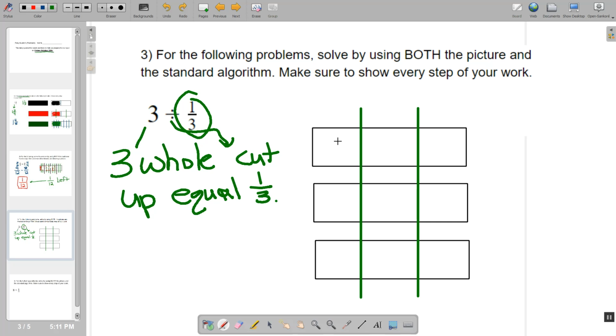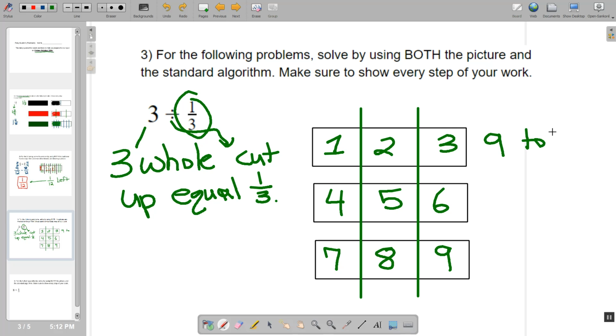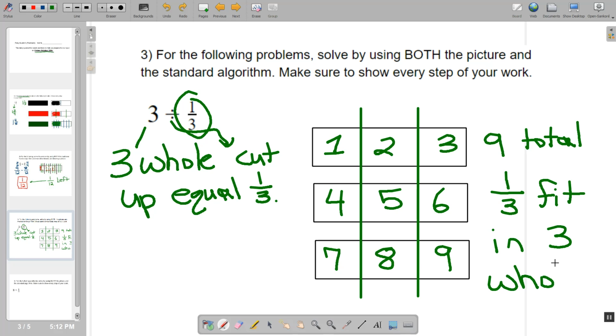Well, I have 1/3 here, I have another third here, another third here, another third here, here, here, here, here, and here. And so I would have 9 total 1/3 fit in 3 wholes. 9 total 1/3.